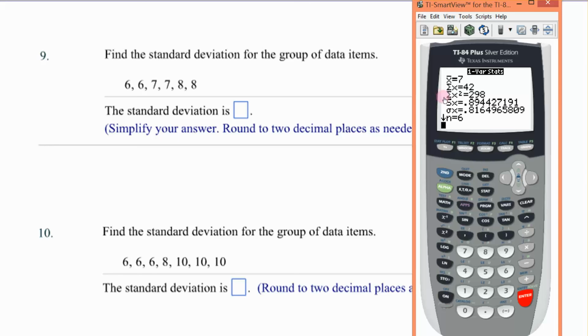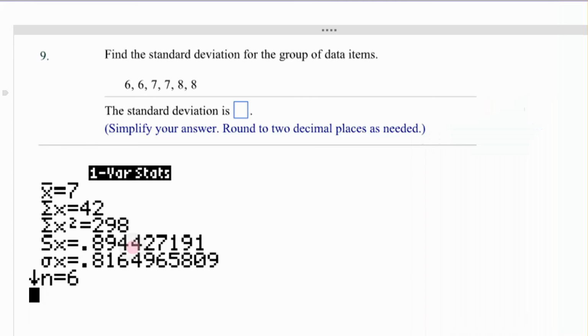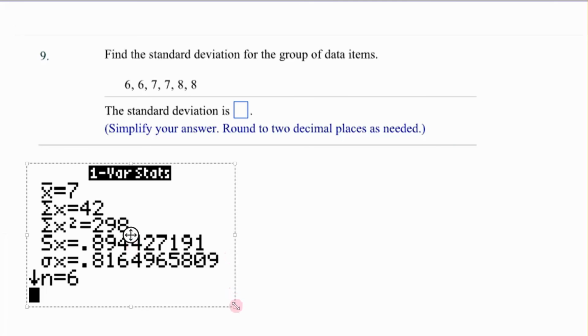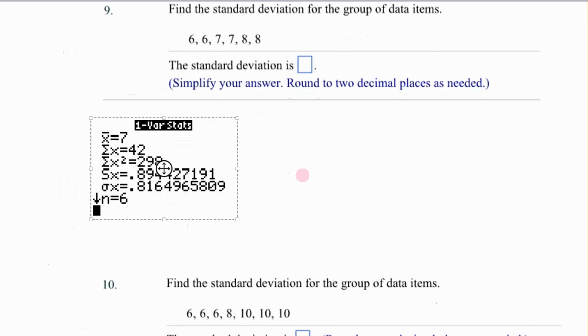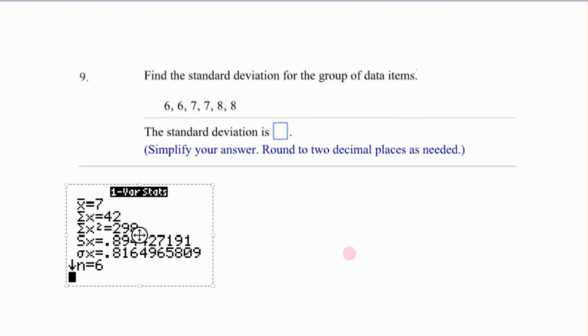I'm going to grab that, and it will go somewhere. Does not seem to want to go where I want it to. This will be just fine. The standard deviation is this right here, and we're going to round to 2 places.